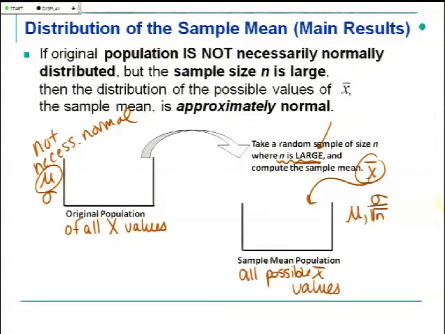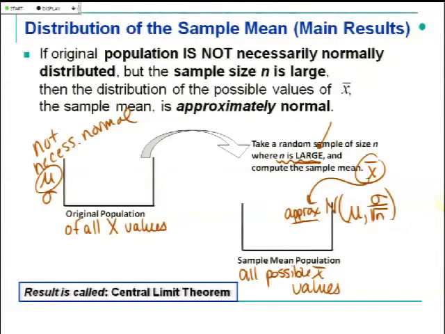But over here, we will still be able to use a bell curve. It won't be an exact result. It'll be an approximation. But we'll still have a normal model over here, even though the original population wasn't normal at all. This is a very famous result. One of the most famous ones, called the central limit theorem, abbreviated sometimes CLT.